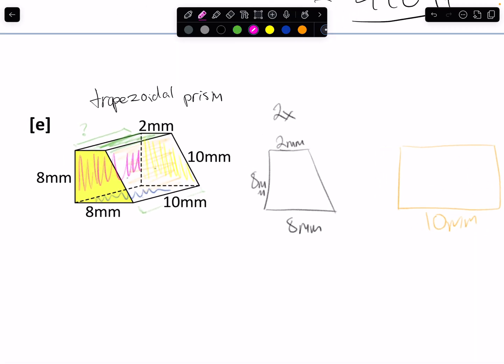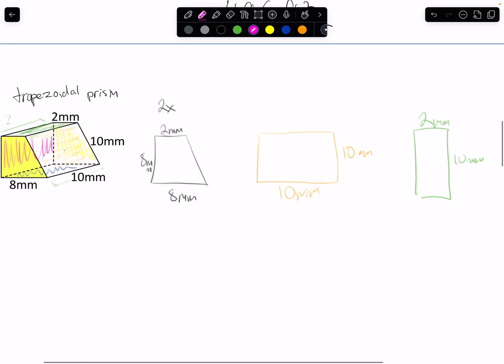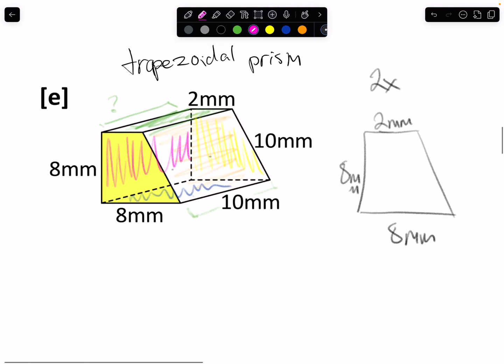So let's do the left side first, the pink side. Have a quick look at it. We know it's going to be 8 mils down. And then across, we just figured out that this here was 10 mils. So it's going to be 8 by 10.